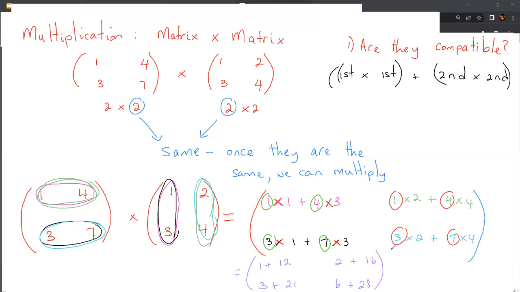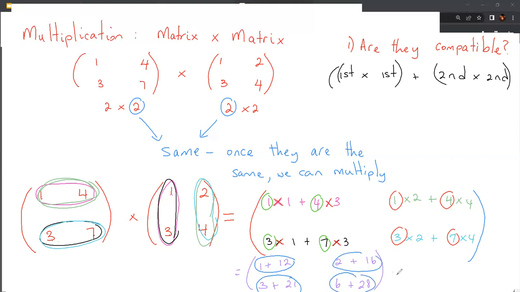Then we simplify that further now because we can add each of the numbers in each element. So you're not adding this to this. You're just adding these in these separate sections. So we're going to add this, add this, add this, add this.